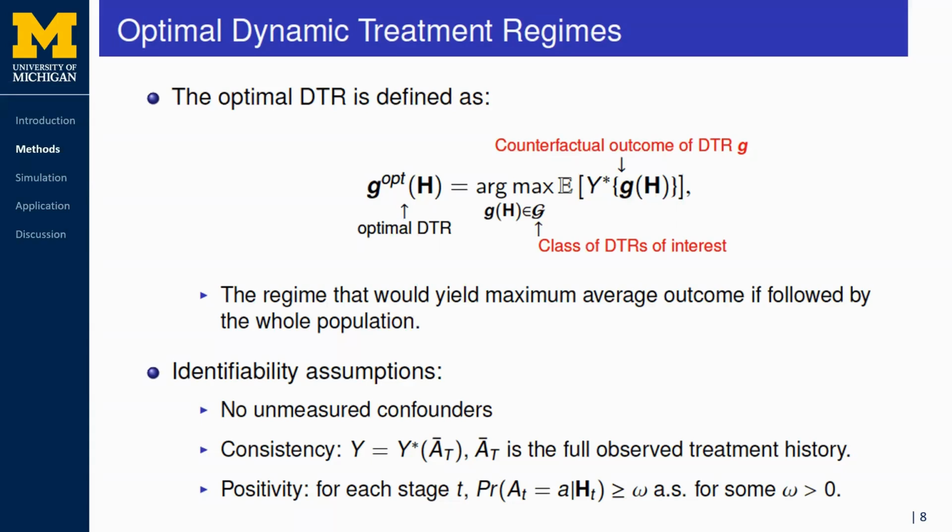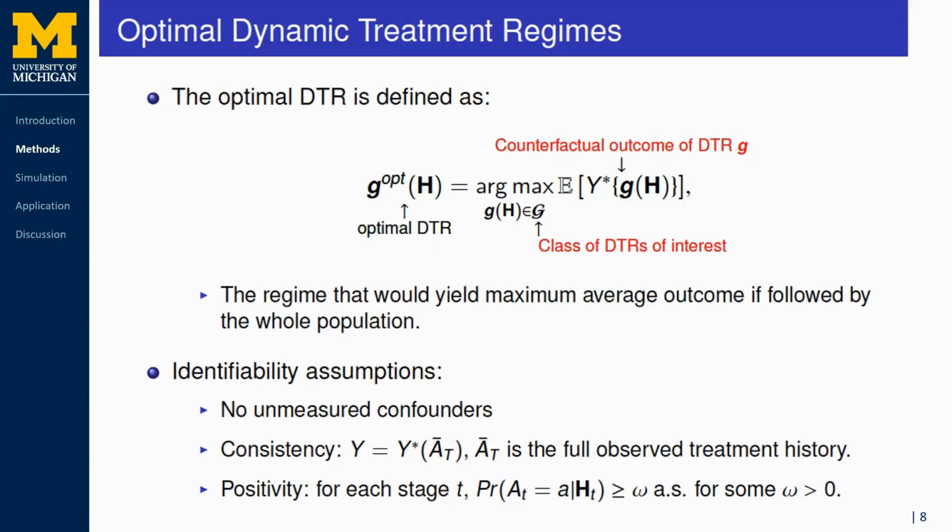That means if everybody is following the same treatment, their outcome is unique. They cannot have, if I take aspirin with water versus the next day I take it with milk, different outcomes. So we don't allow that. So we say with the consistency assumption, that is ruled out. And the last assumption for causal inference is positivity.